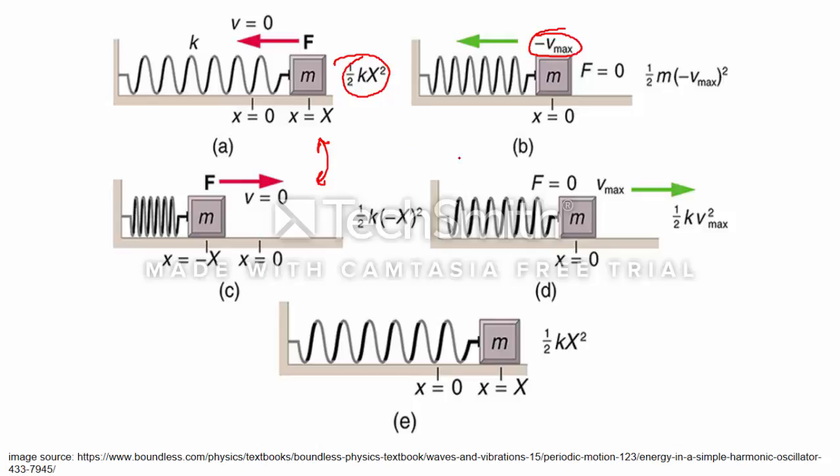Same goes here. When it's returning and it's at this equilibrium point, these are going to be the inverse of each other. And here is exactly the same as the first scenario, where it's back at the maximum, force is at a maximum, it's all potential energy.